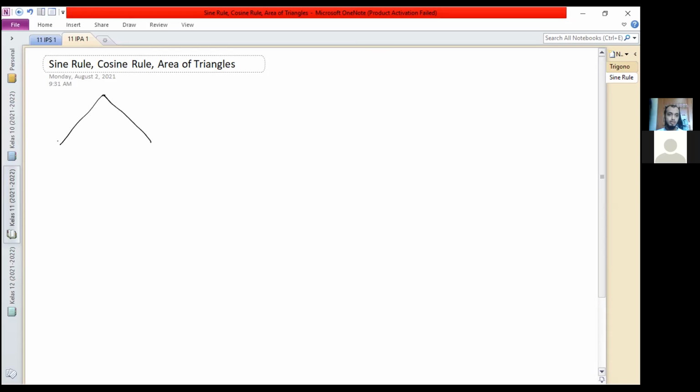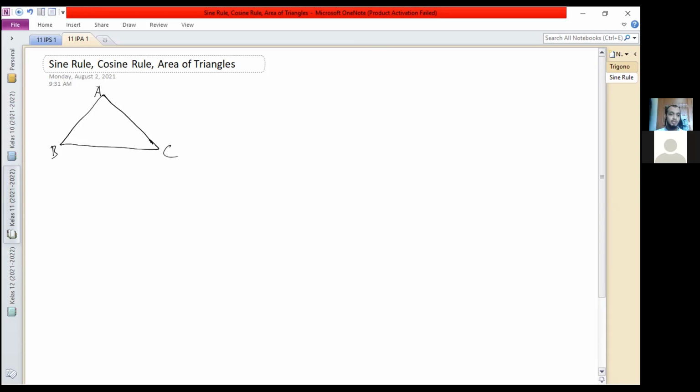How does it work? The standard way to draw the triangle is, let's say triangle ABC. Usually, you put the names of the sides.